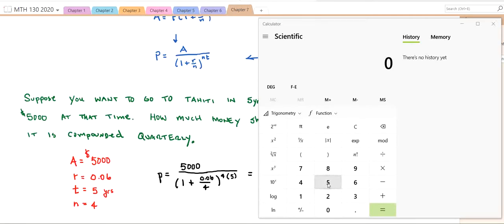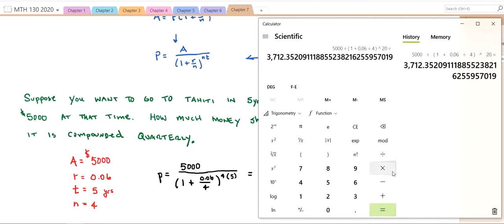Let me do that. 5,000 divided by, and then parentheses, 1 plus 0.06 divided by 4, since I know this follows order of operations, because I've tested it already. Then I raise this to the power of 4 times 5, which is 20. Hit equals.